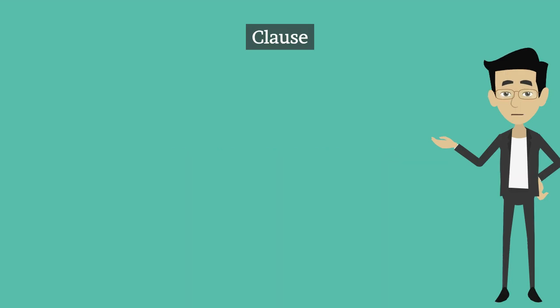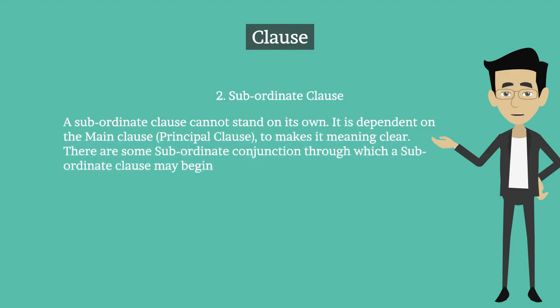And now the second clause, subordinate clause. A subordinate clause cannot stand on its own. It is dependent on the main clause, principal clause, to make its meaning clear.